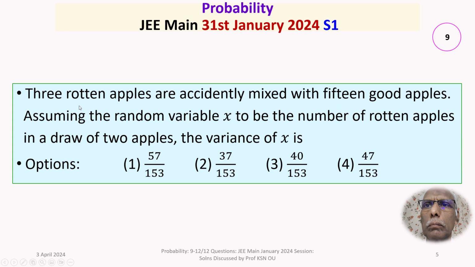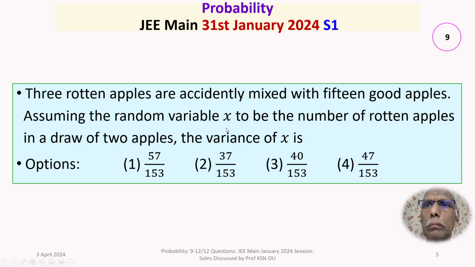So, we have 3 rotten apples which are accidentally mixed with the 15 good apples. The random variable is given as small x, but we will take it as capital X.